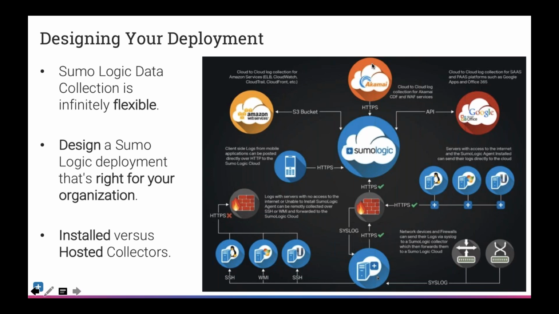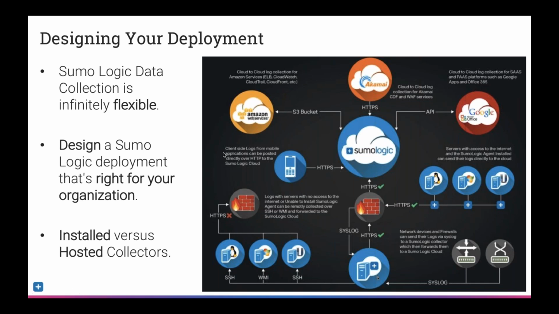Similarly, you could have cloud-to-cloud log collection from Akamai, for example, CDF and WAF services. You could have cloud-to-cloud log collection from PaaS and SaaS platforms, for example, Google Apps and Office 365, as I'm showing here. So these are cloud-to-cloud integrations. You could do a straight-up HTTPS post.